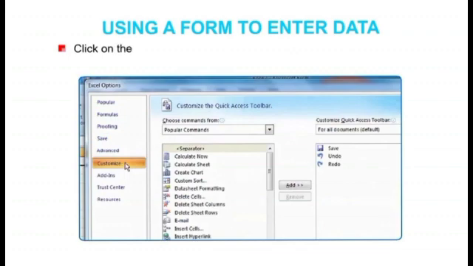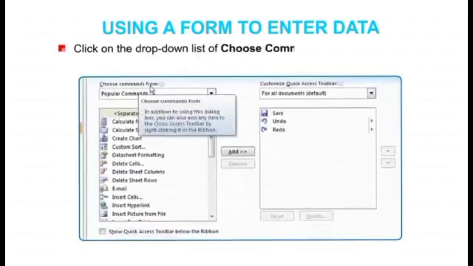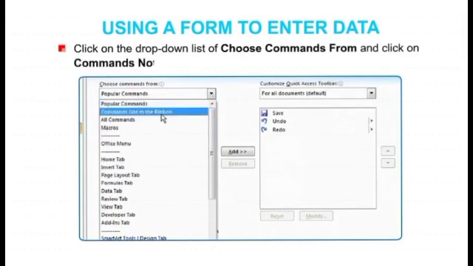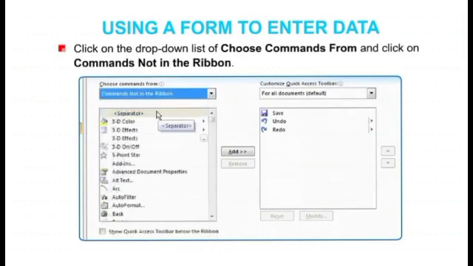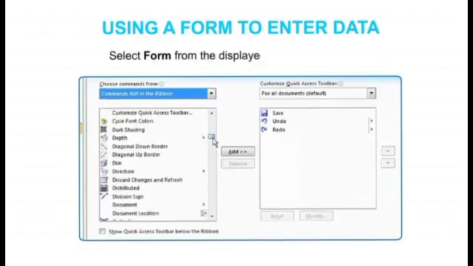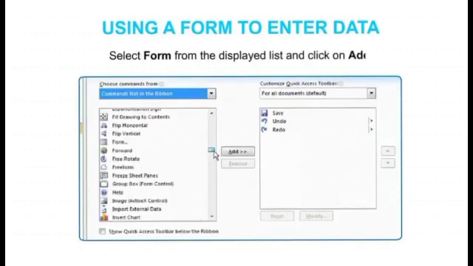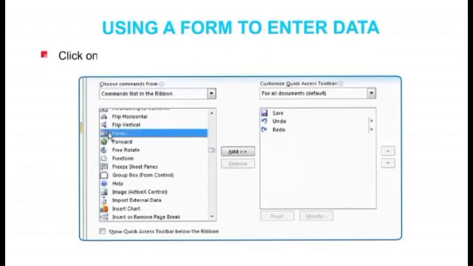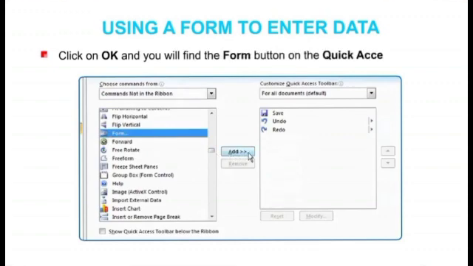Click on the drop-down list of Choose Commands From and click on Commands Not in the Ribbon. Select Form from the list and click on Add. Click on OK and you will find the Form button on the Quick Access toolbar.